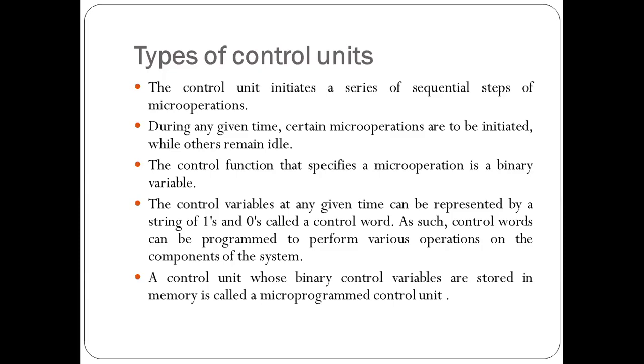If you see at a basic level, there will be certain control variables involved. At any given time, these control variables are set or reset, which initiates several micro operations. All these control variables, having a set string of ones and zeros for every micro operation, we call a control word.